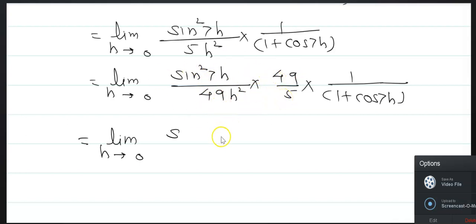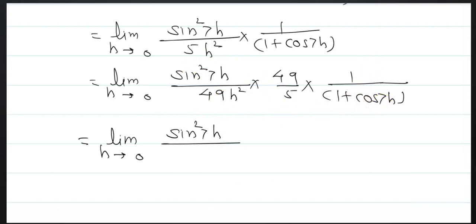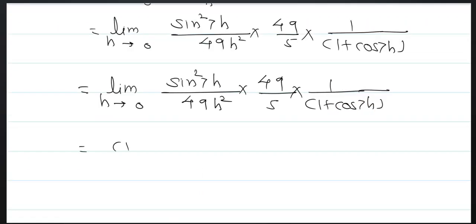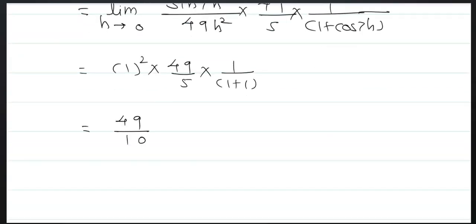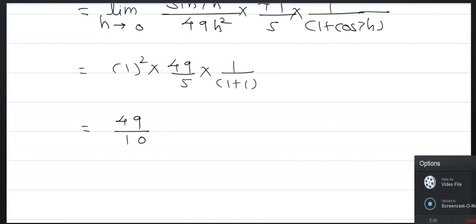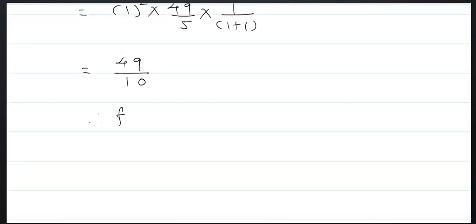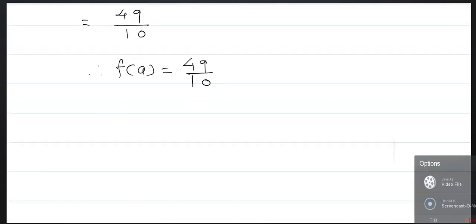The value of this limit is 1 into 49 upon 5 into 1 upon (1 plus 1), that is 2, and sine square 7h upon 49h square. That is 49 upon 10. Therefore, f(a) is equal to 49 upon 10.